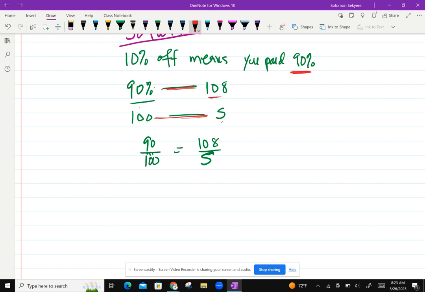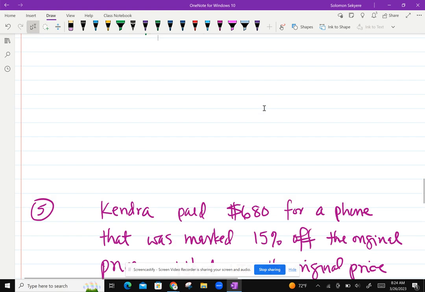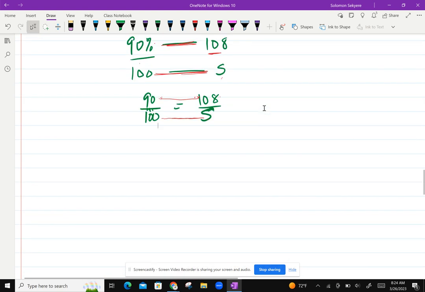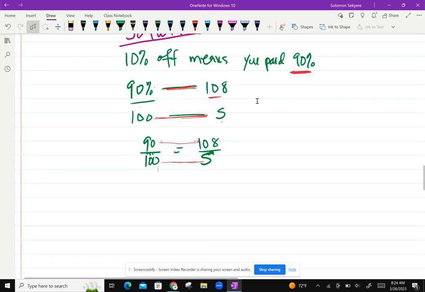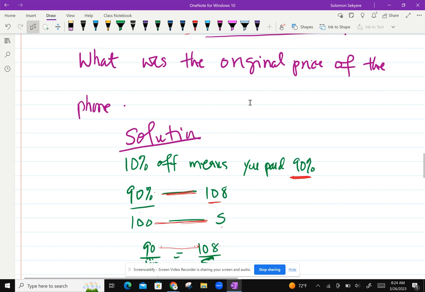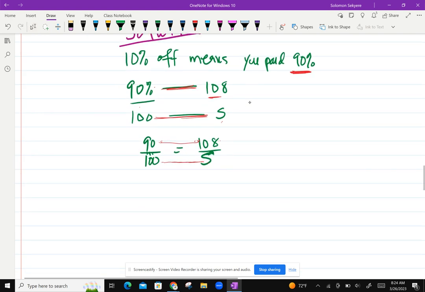Sales price is 108, right? Sales price right there. Original price matches your 100. Okay, and then you cross multiply and find what the original price is.